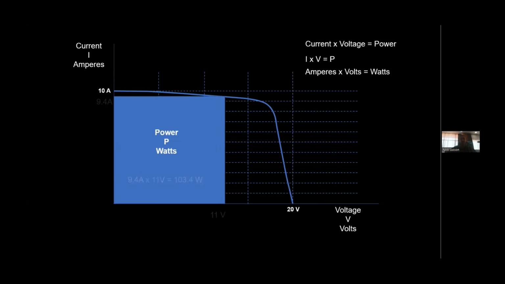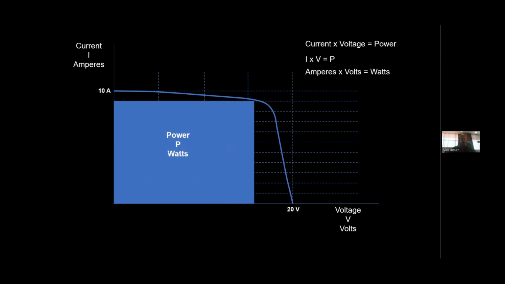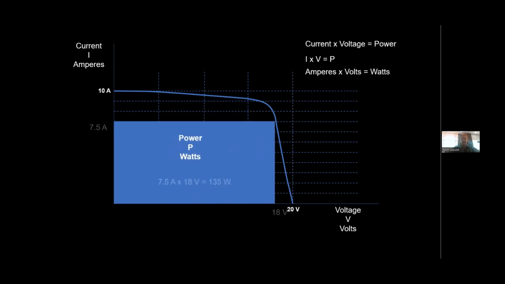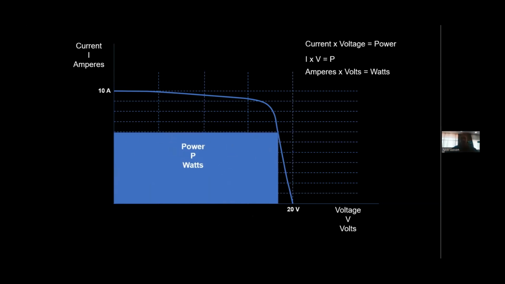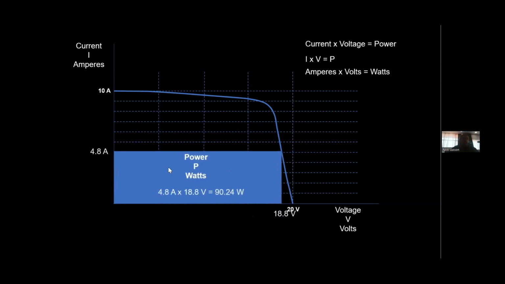And as you increase the voltage, you have to decrease the current. But you're changing the power. And what you can notice is that this blue rectangle, which represents the power, is changing in size, right? And the number here, this watts, is changing.